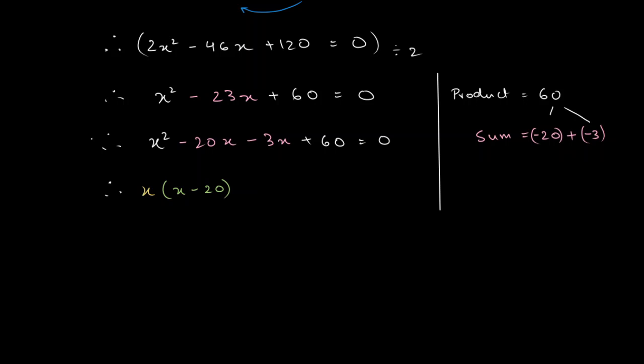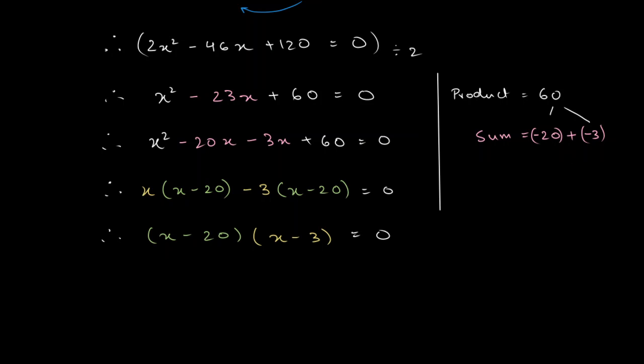Between the third and fourth term, I can take a minus 3 common, and in the bracket I'll be left with an x minus 20, and this is equal to 0. So now you see an x minus 20 here and x minus 20 here, so taking that x minus 20 common, the other bracket we have is x minus 3, and this here is equal to 0.